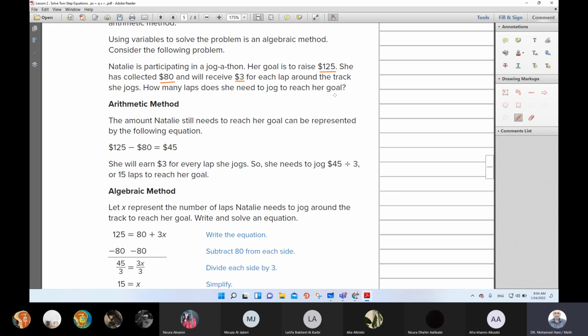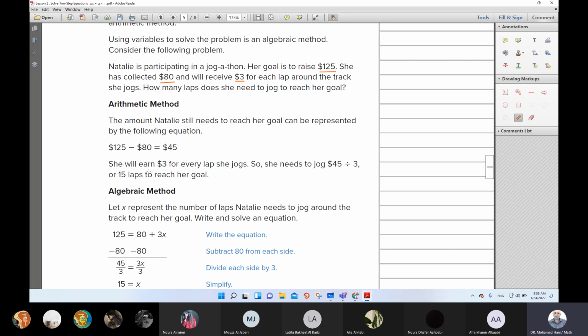And we have two methods. Arithmetic method: the amount Natalie still needs to reach her goal can be represented by the following equation. We have 125 minus 80 equal 45.